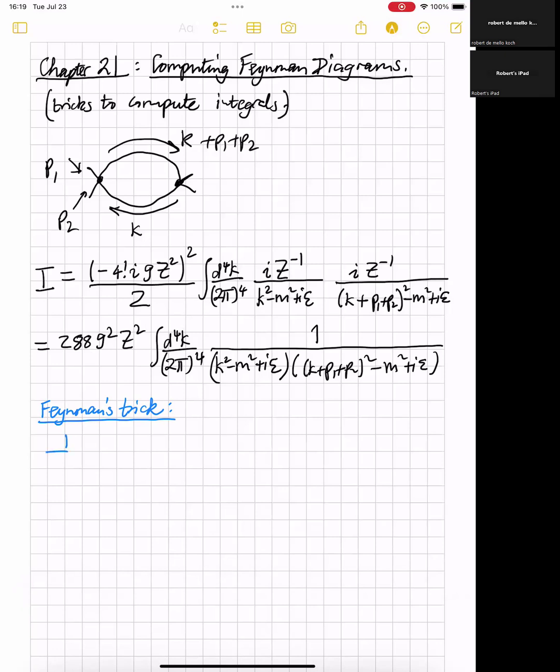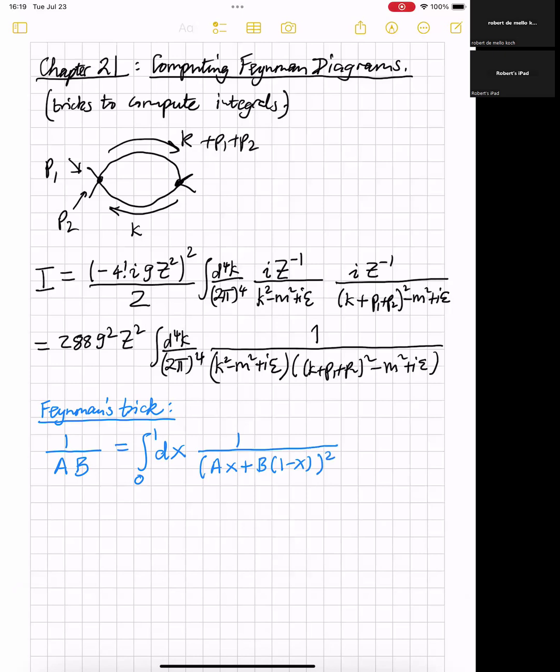So let's imagine we've got 1 over a times b. So a could be one denominator, b a second denominator. Feynman showed that you can write this as an integral from 0 to 1 dx, and then we've got 1 over a x plus b times 1 minus x, squared.